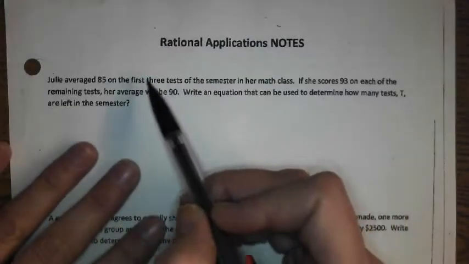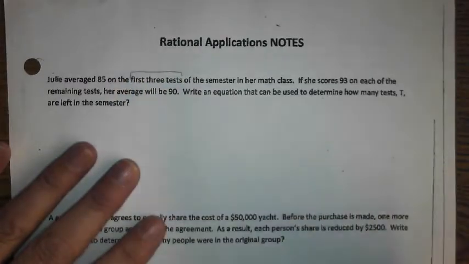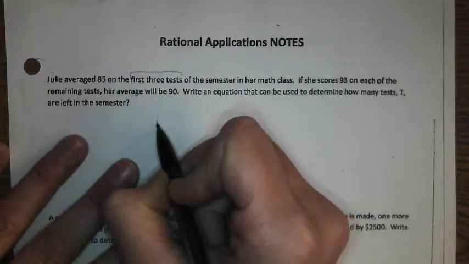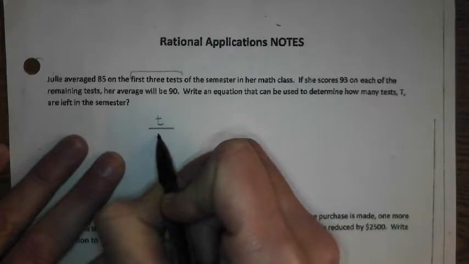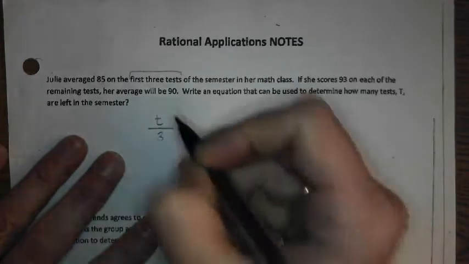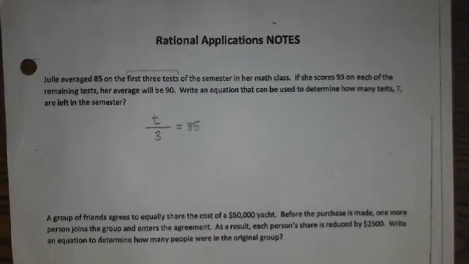So her first 3 tests, when she adds up that total number of points, so I'll use T for total number of points, and divides by 3 tests, she gets an 85. So there are lots of different ways to average an 85 on 3 tests.